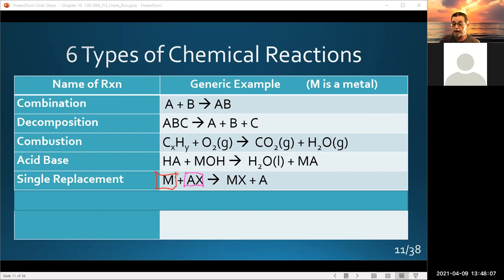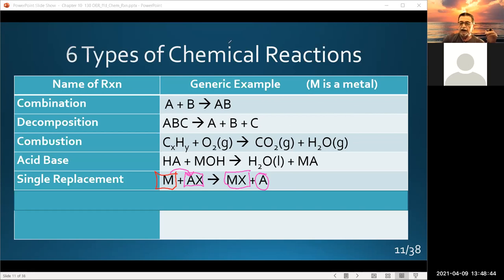Look what's happened: the M in elemental form replaces the A in ionic form to give us a whole new ionic compound, MX, and then we regenerate A as an element. A classic example of this type of reaction is a plating reaction. You may have jewelry that's plated with silver or gold or copper, or chrome plating, any of that. That is an example of a single replacement reaction.